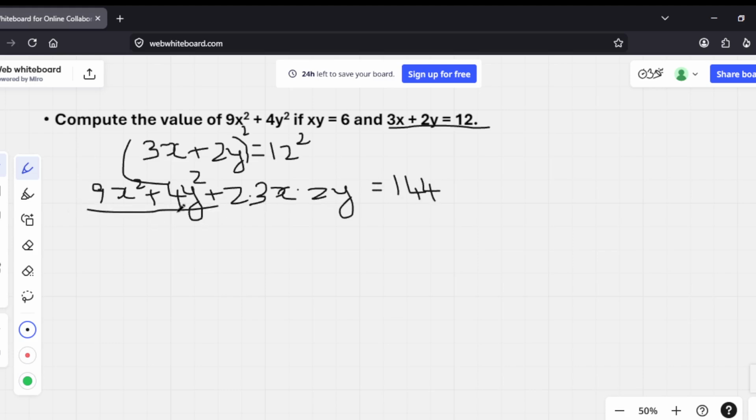And this term I am not going to disturb, I will keep it as such. And 2 into 3 into 2, let's multiply all the constants. So 2 into 3 is 6, 6 into 2 is 12, so it is 12 into xy equal to 144.